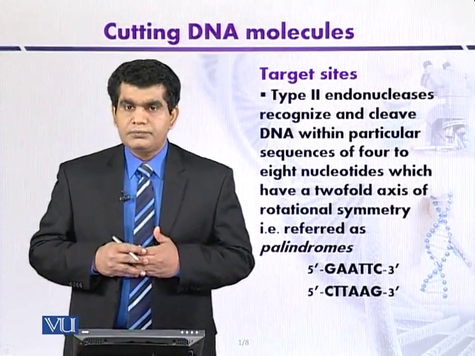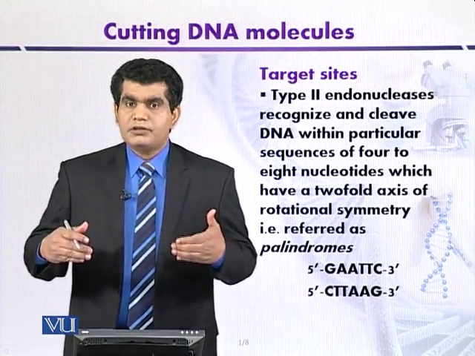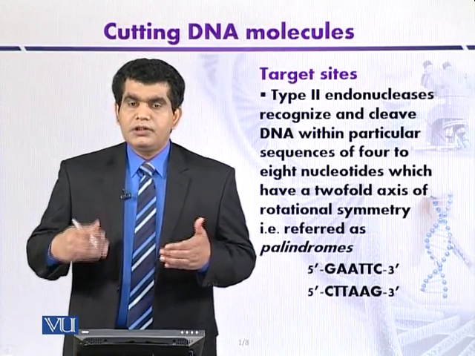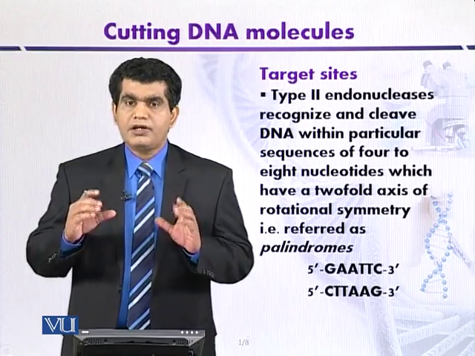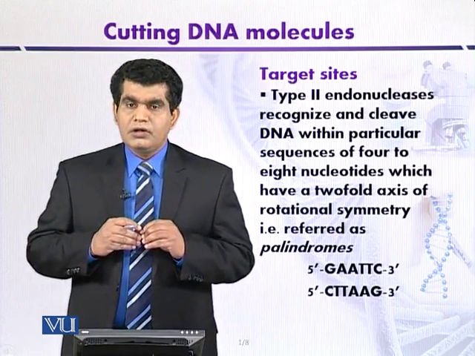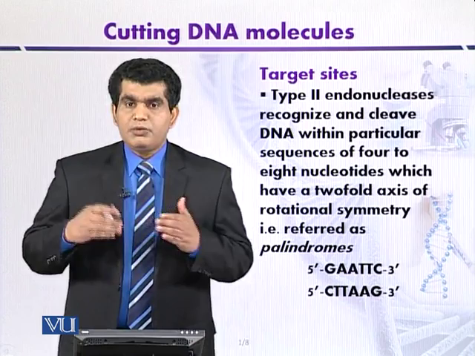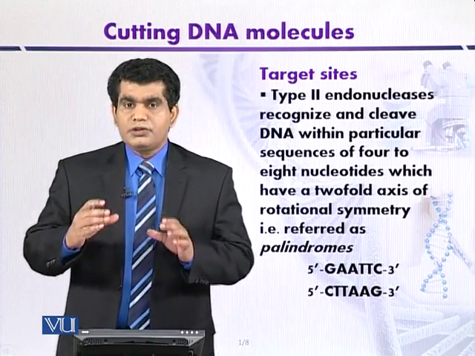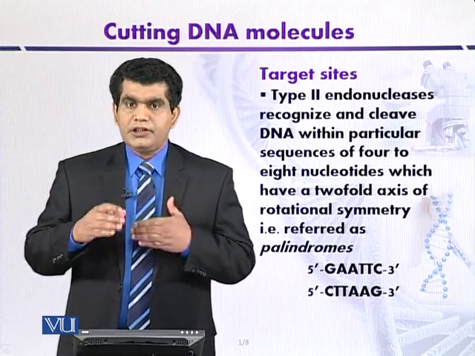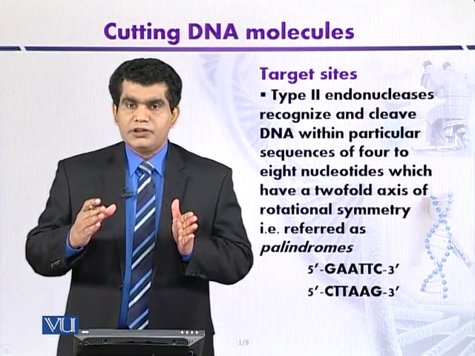Target sites. Type 2 restriction endonucleases can recognize a particular target site and cut within it. So these type 2 restriction enzymes can cut those recognition sites that have a rotational symmetry.